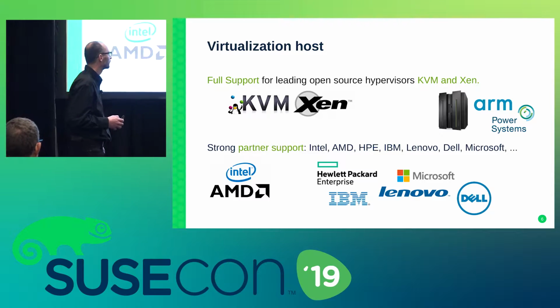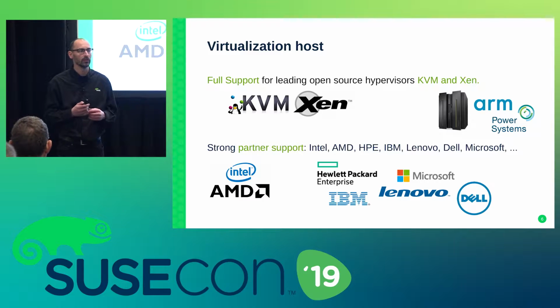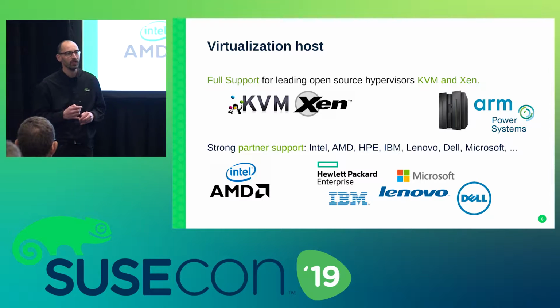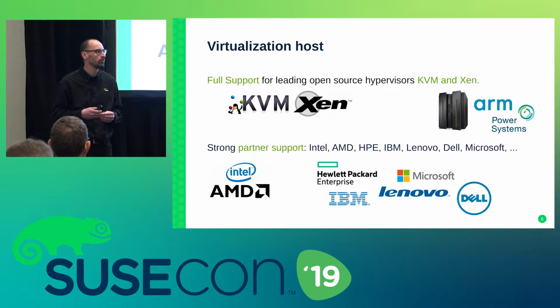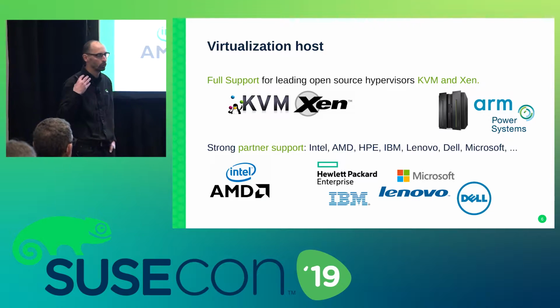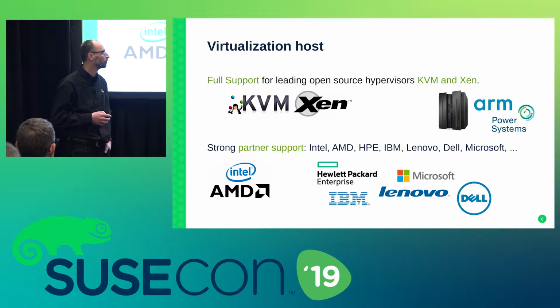We rely a lot on our partners when it comes to support for the platforms. We work with them on enabling new CPUs, new chipsets, new features in the platform, new instructions. So we obviously work with CPU vendors, Intel, AMD, but also with OEMs and other providers, because it's how we make sure that SLES runs perfectly on top of these platforms.